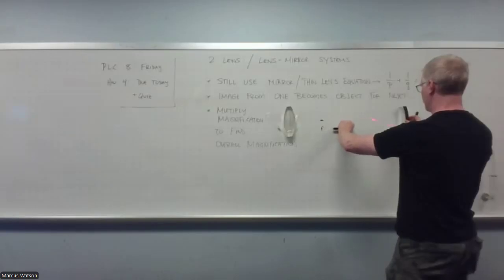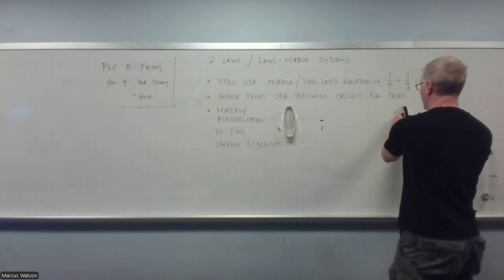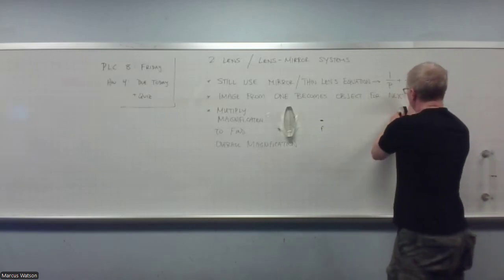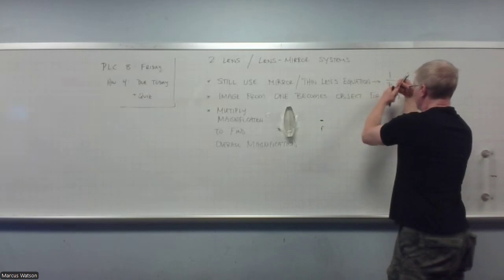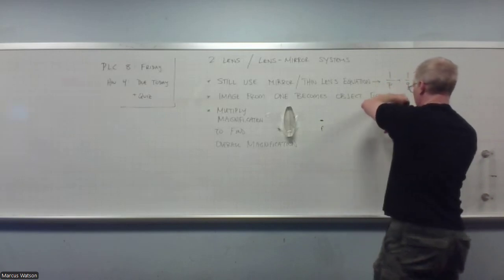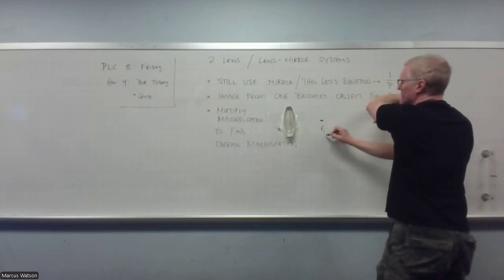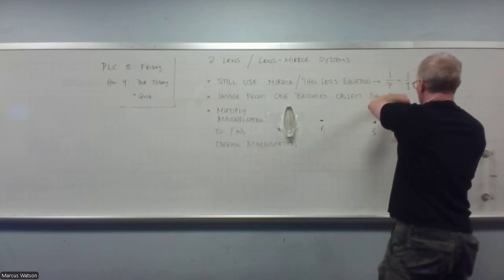Oh, there's a lot of spherical aberration in this mirror. I'm going to say it's about here. So I'll call this F1, this is F2. I'm just going to put that right there and that right there.